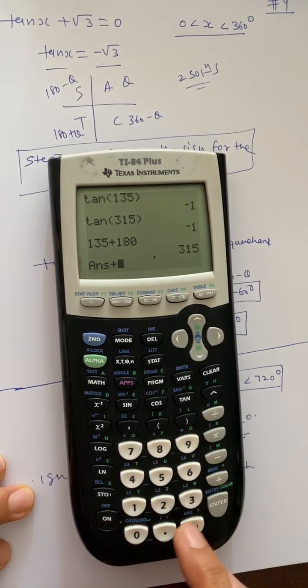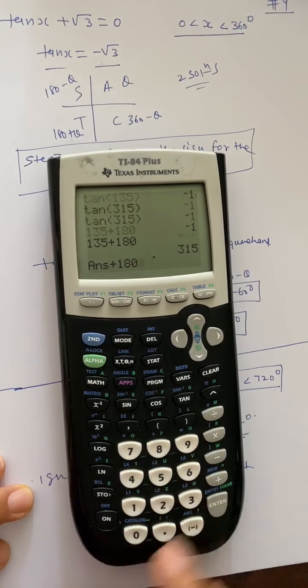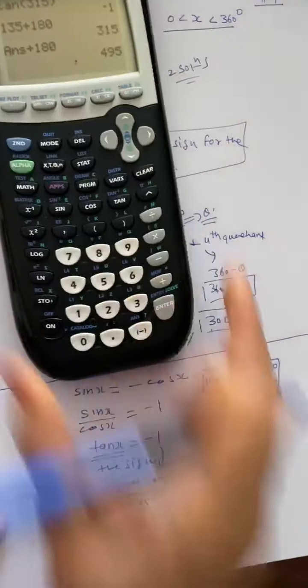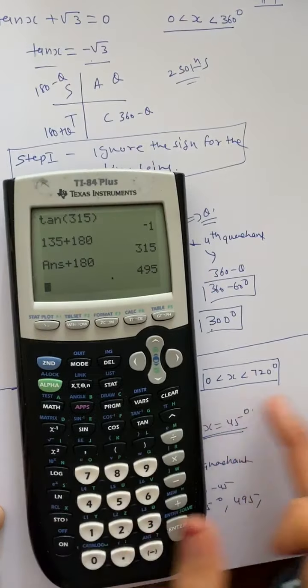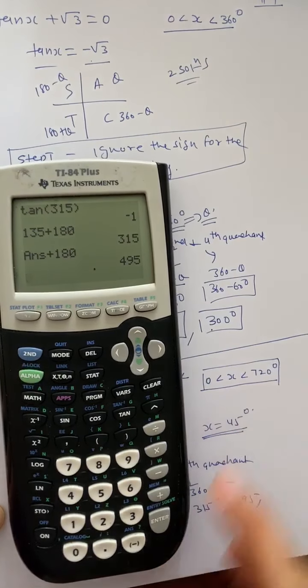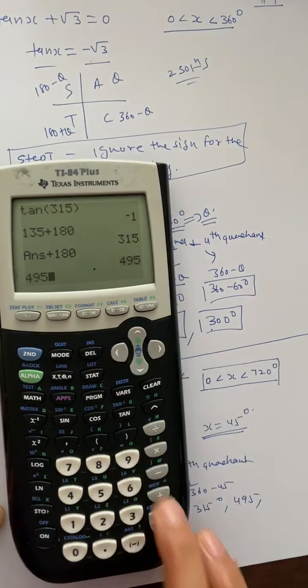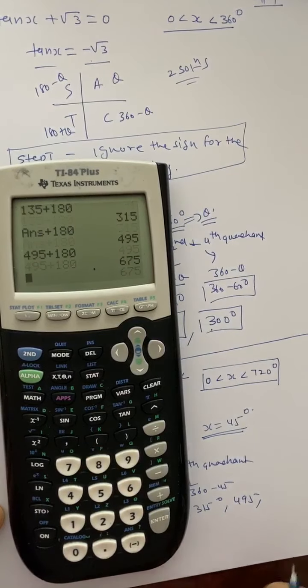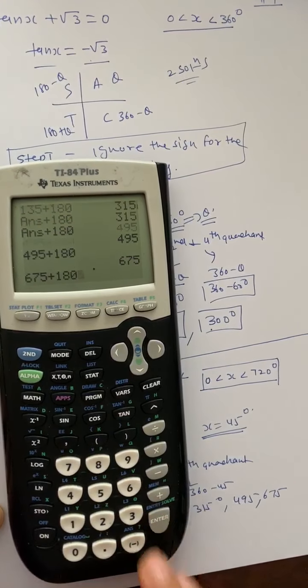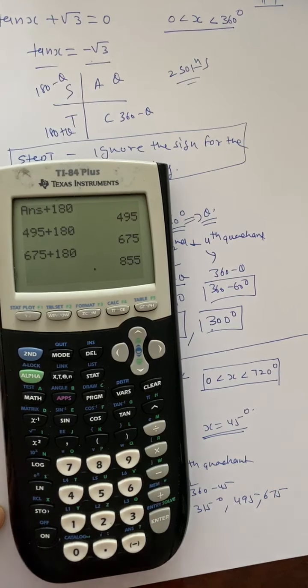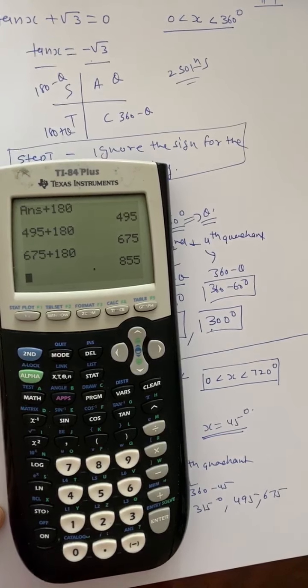So the next value will be, you add another 180, 495. And you keep on adding 180 until you reach the end of the domain which is given. So 495 plus 180 is 675. And if I go again, you can see if I add 180 again, it's going to be beyond the domain which is given.